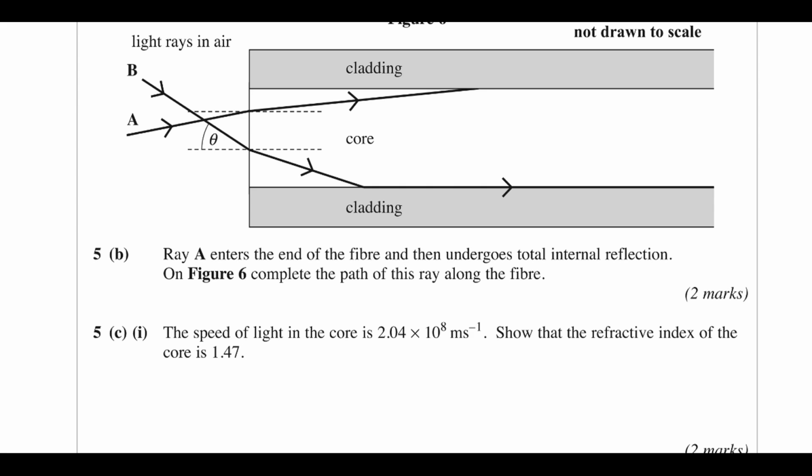So if it undergoes reflection, that's going to essentially just be reflected off of the boundary. So it's going to go, well, it's a bit wonky. Something like that, where this angle in here and this angle in here should be the same as each other. So angle of incidence equals the angle of reflection, effectively. So that's what you'd be looking for there.